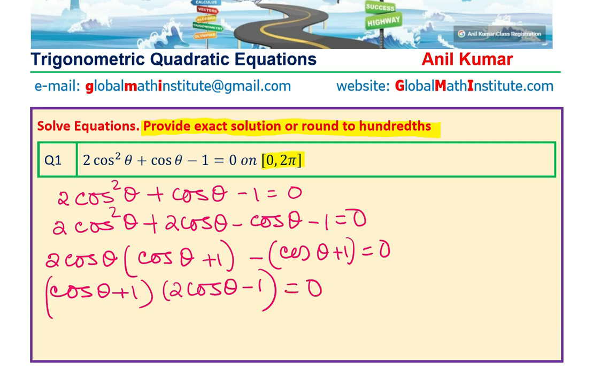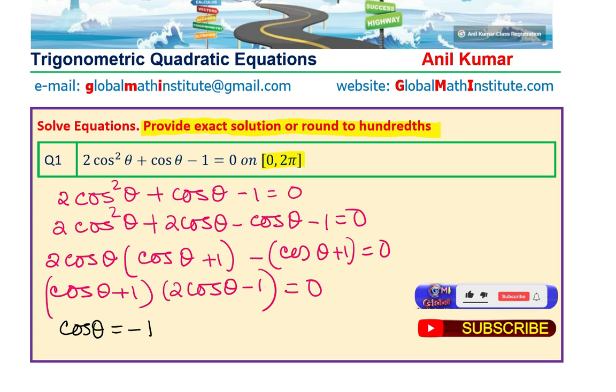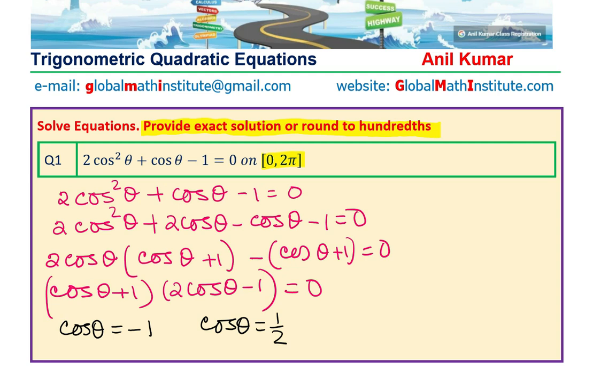So the cos theta value could be what? From the first factor, cos theta is equal to minus 1. From the other one, cos theta equals half. Now, within this domain of 0 to 2 pi, the cosine function starts with 1 and then goes like this.